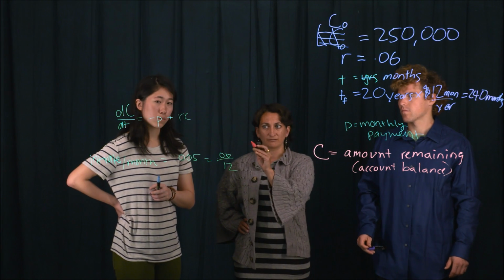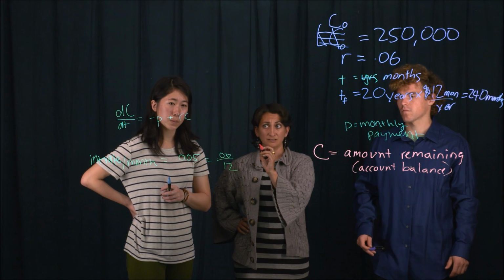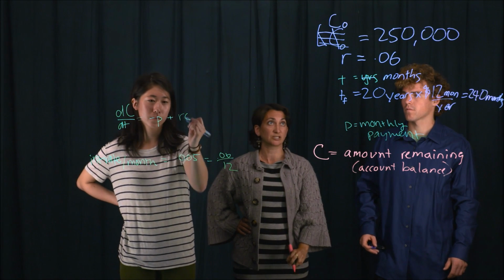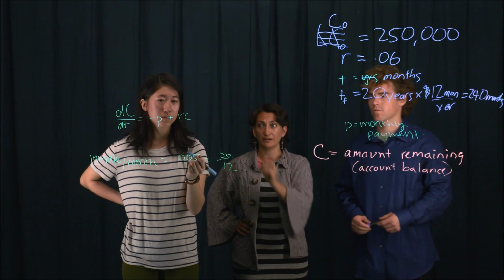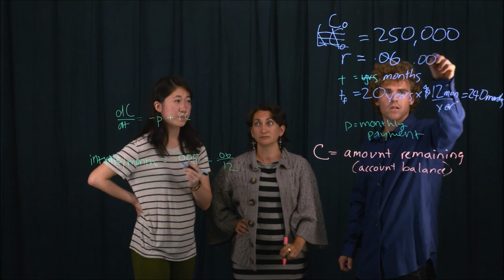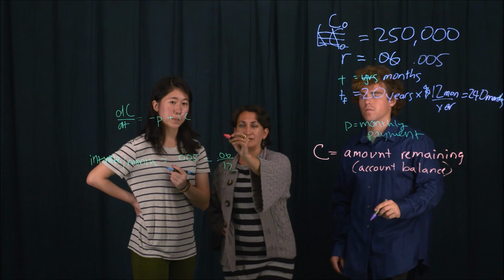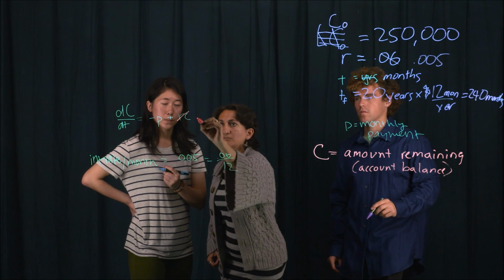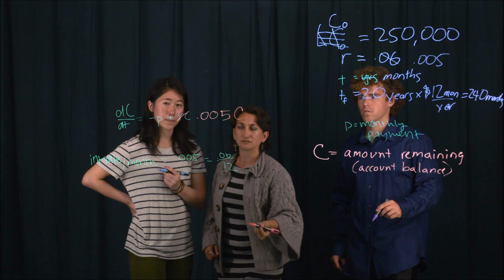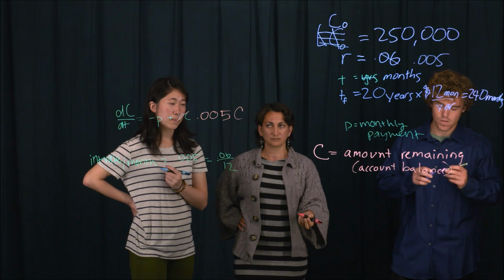So what you're looking for is 0.005C as the addition, which is essentially what she wrote. We just need to rewrite R as 0.005 to make that correct. It's better to have it here. Very good. 0.005C. Okay, very cool.